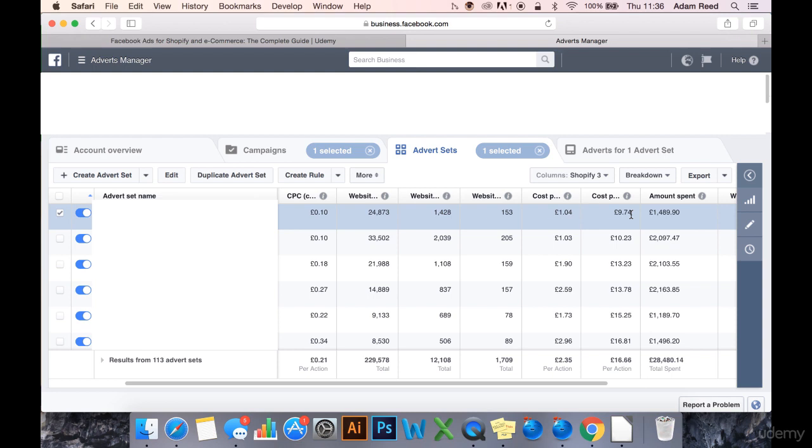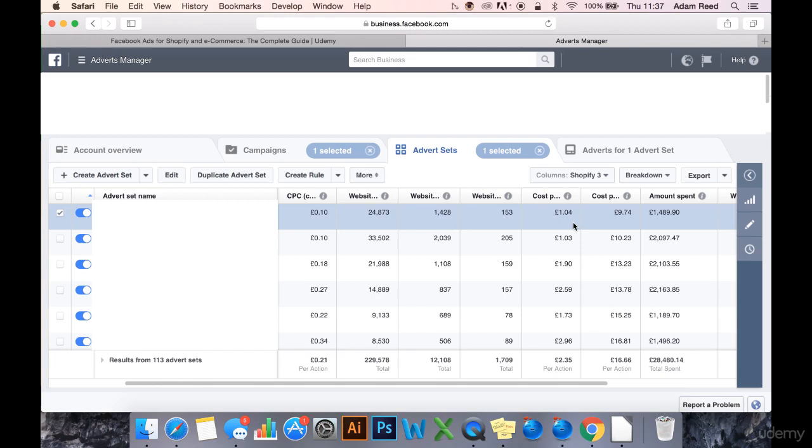I think I'd run it for 3 days, and on the second day, it had spent £10 and it had made £90. Those are atypical results in my opinion. You have to be willing to spend money on data. You have to realize that by spending money on Facebook ads, by running ad sets at a loss, you're not losing money, you're buying data. That's how I see it, you're buying data.